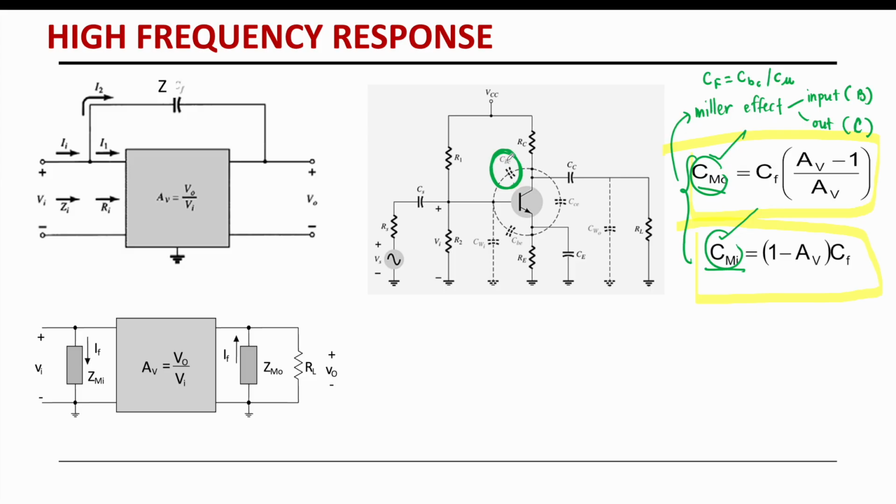So this CBC actually, we can separate it, let's say we want to draw the hybrid pi model. Let's say we want to draw the AC equivalent. I did have some circuit.